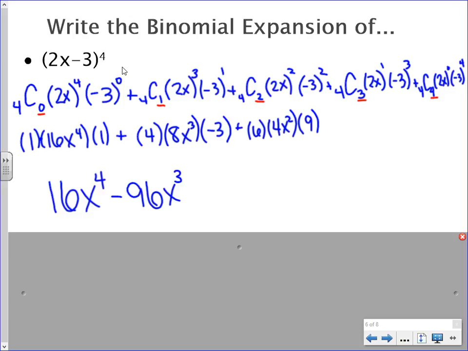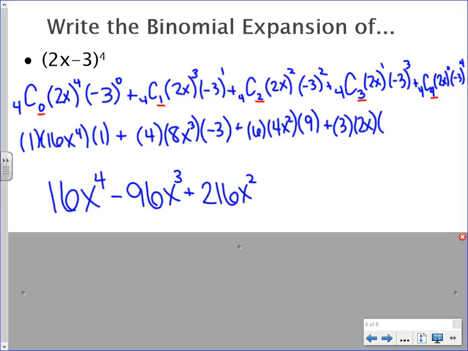So our third term is 216x squared. 4 combinations of 3 is 4. 2x to the first is 2x.